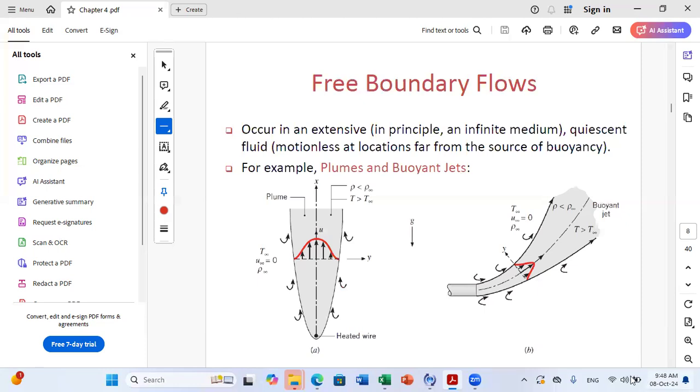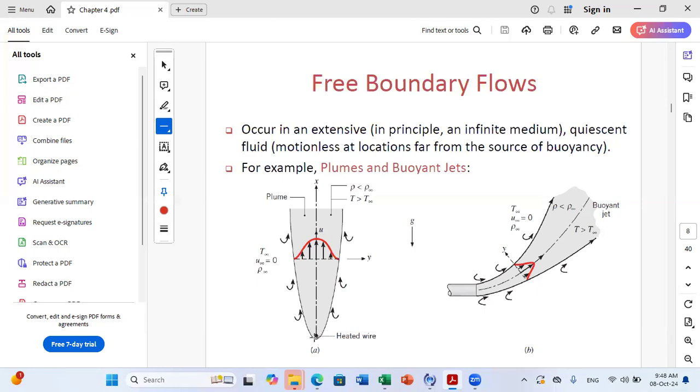For example, if you consider a wire that is very hot, what will happen? Close to the hot wire, air will be heated, and the density at this level will be smaller.